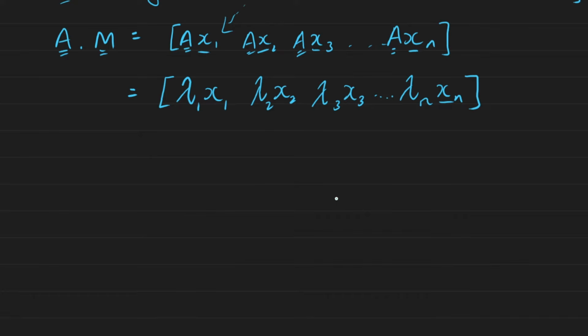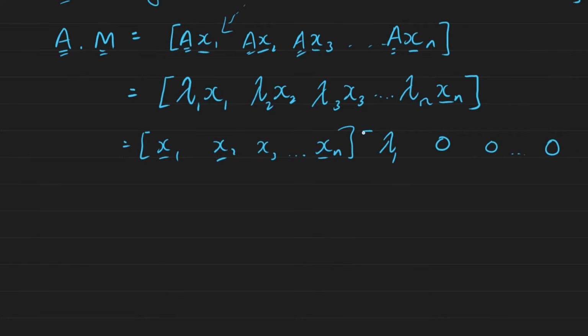The next step is to pull out all of these eigenvalues. So we have x1, x2, x3, xn, and when we take out all of these eigenvalues, it becomes a matrix. In the first row, we would have lambda 1, and then zeros all the way till the last column.